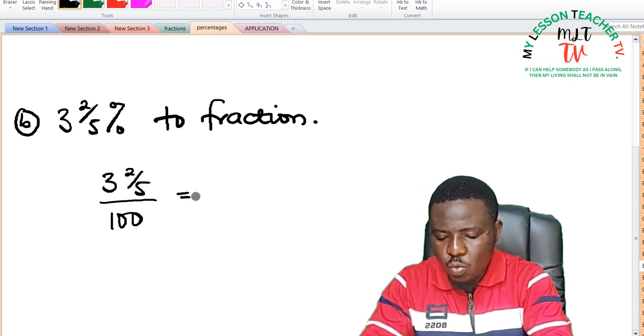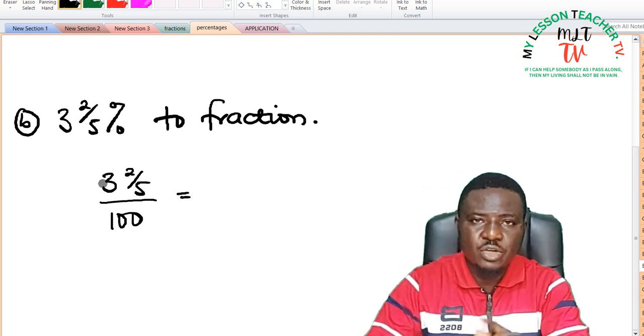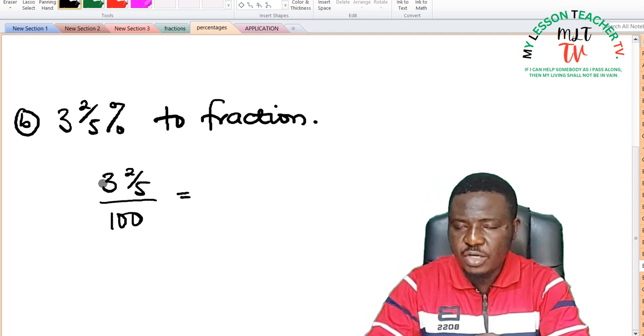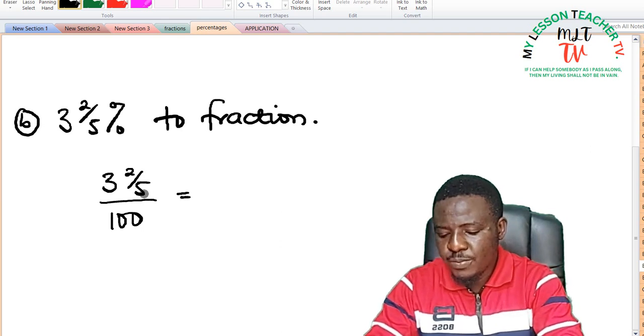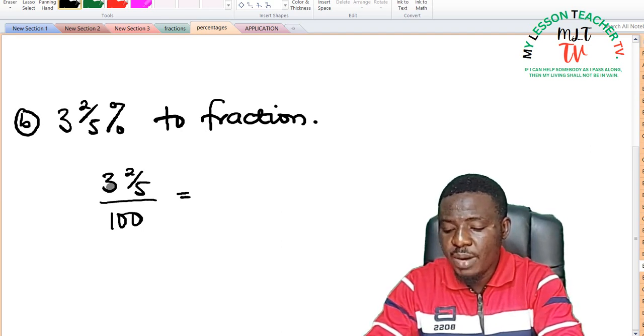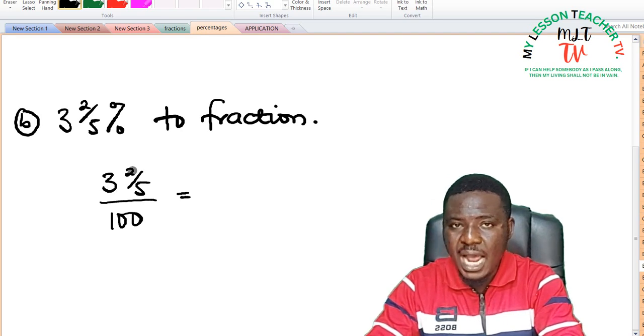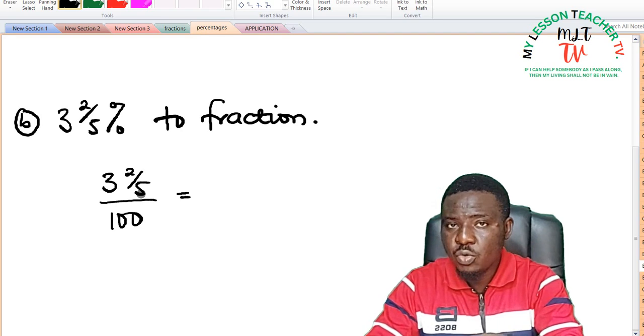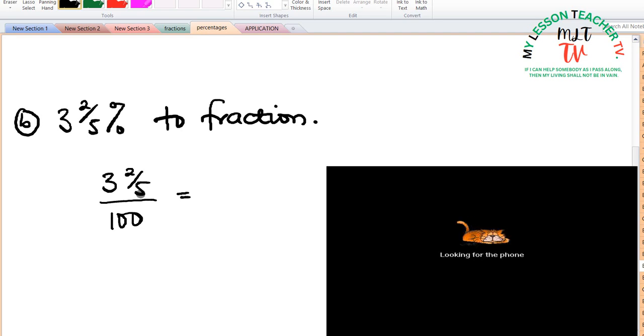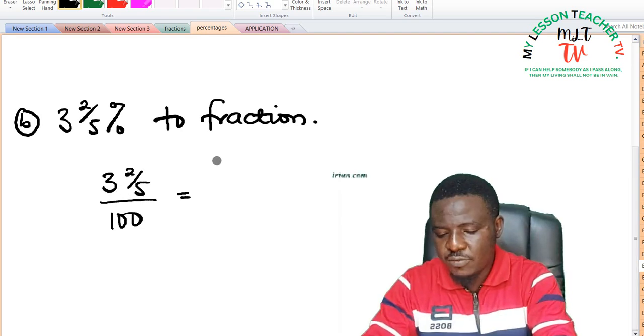I'm going to express the numerator as an improper fraction. How do you convert from a mixed number to an improper fraction? You multiply the denominator by the whole number and add the numerator. This gives us the new numerator: 15 plus 2 is 17.